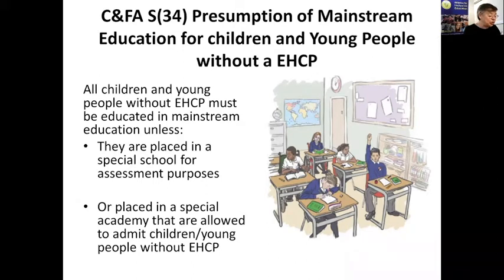There is a strong presumption that a child or young person should be educated in a mainstream setting. This presumption is almost unqualified in relation to children and young people with SEN but without an education healthcare plan.